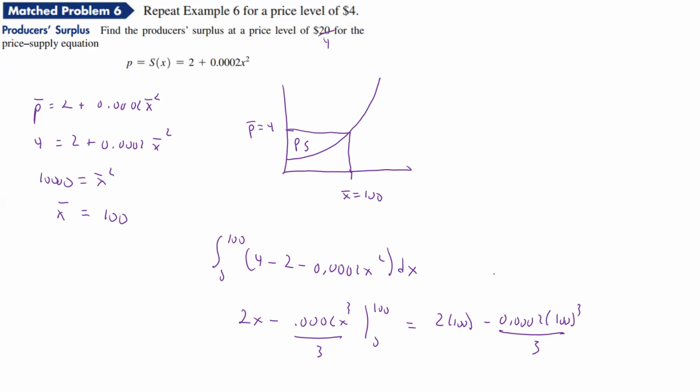And we get 133.3333. And we're probably going to want just whole dollars again. So that's going to be $133 that they've gained by selling it at P bar when they could have supplied it for less, even though that's what they supplied it for and people still bought it. Okay, all right, so let's stop there and we'll come back for some more.